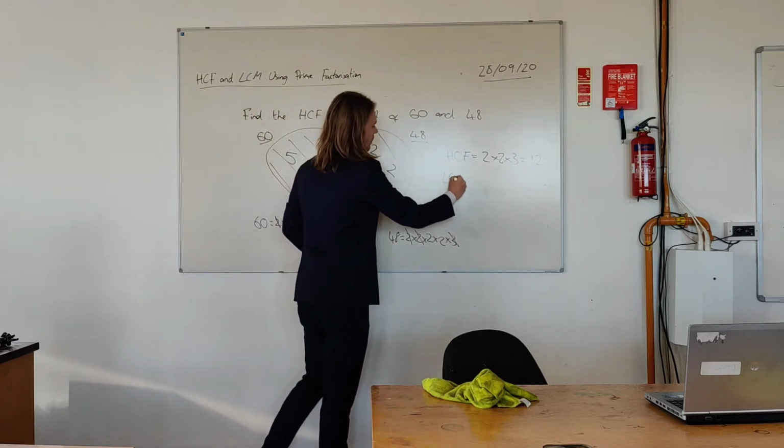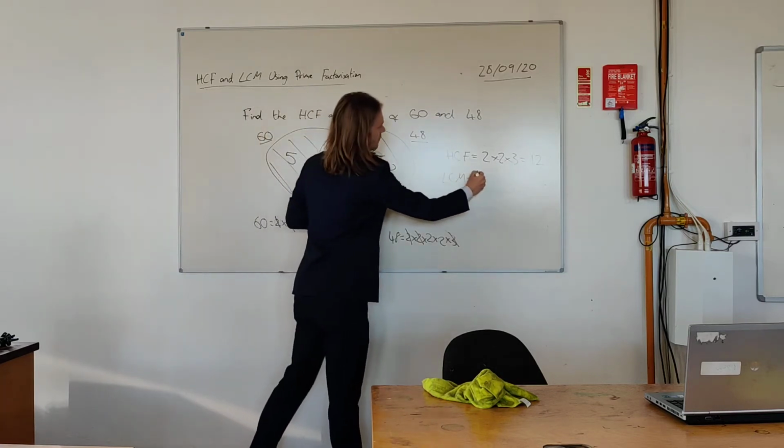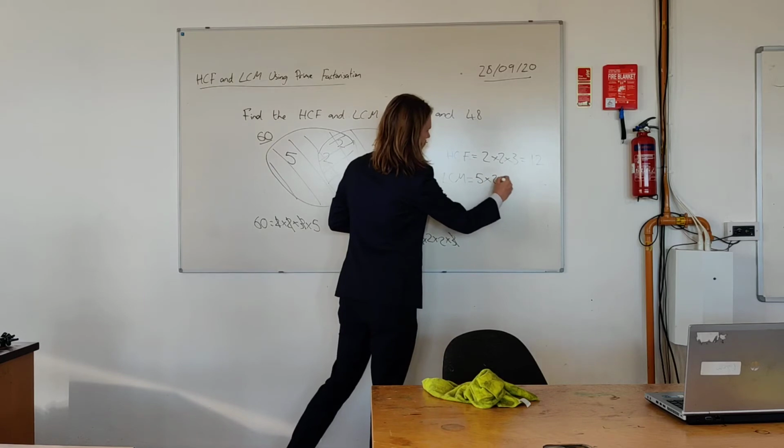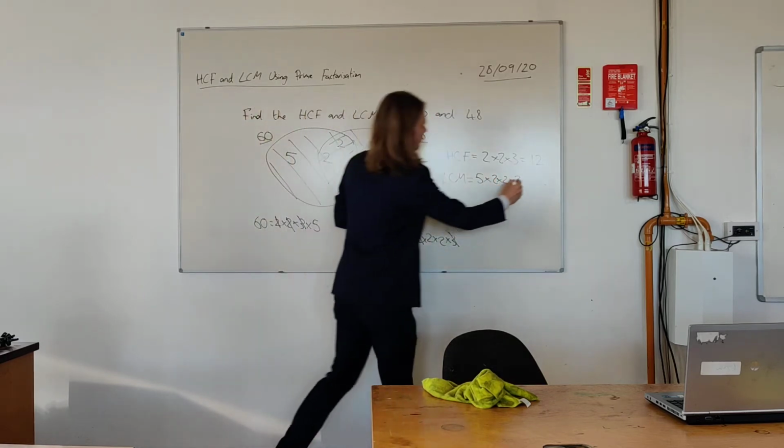So the lowest common multiple is 5 times 2 times 2 times 3 times 2 times 2.